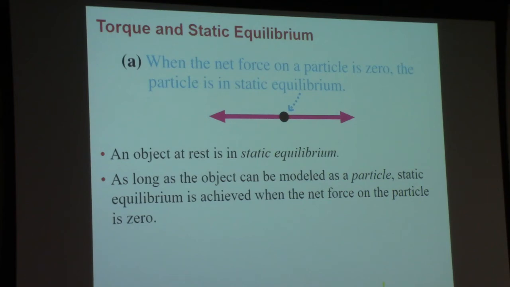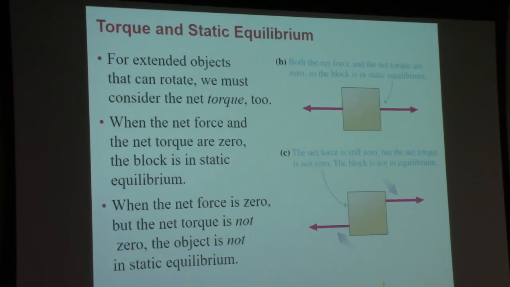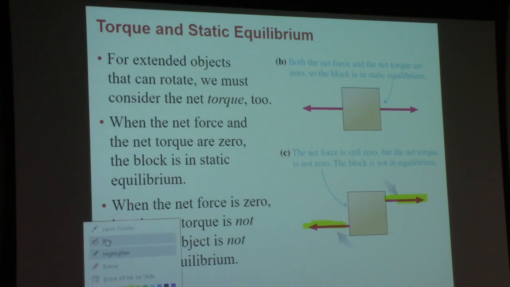When the actual object has a shape, you could have a situation where the forces are balanced, but the torque's not balanced, like the lower one here. You still got a certain amount of force this way and an amount of force this way, so the forces are balanced, but this would actually rotate.